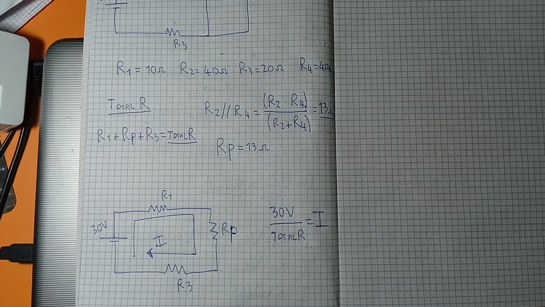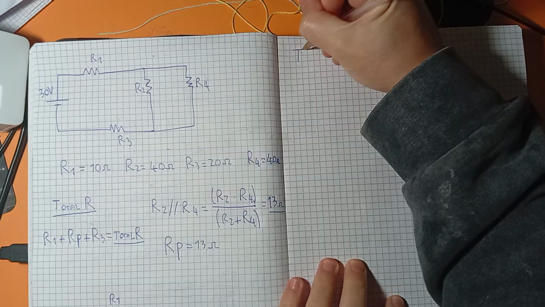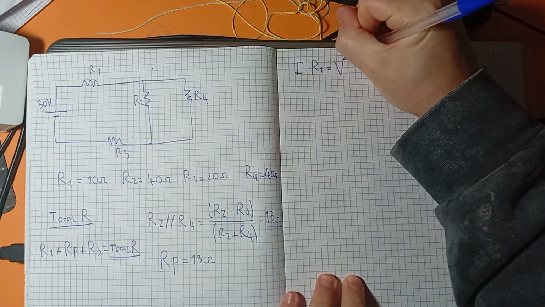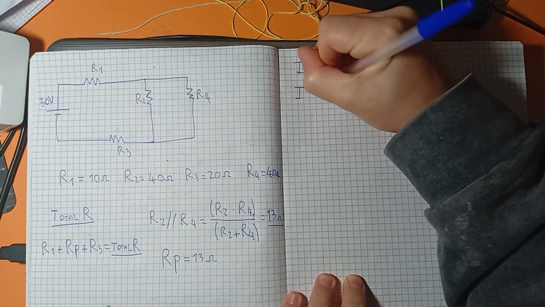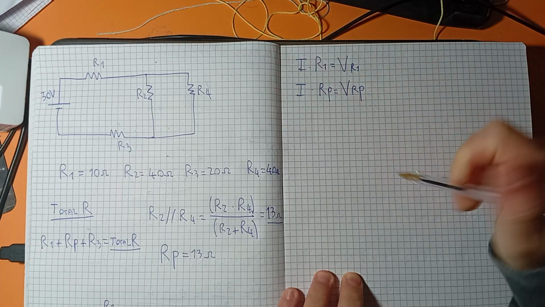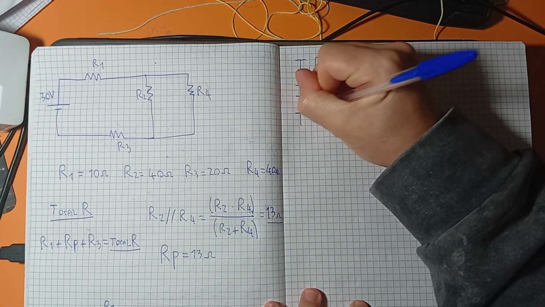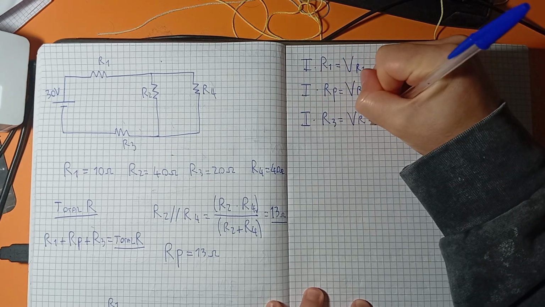Then I multiply I by R1 to obtain VR1, then I multiply I by RP to obtain VRP, the voltage drop on the parallel resistors, and then I multiply I by R3 and I will obtain VR3.